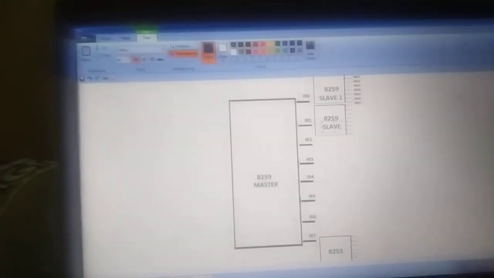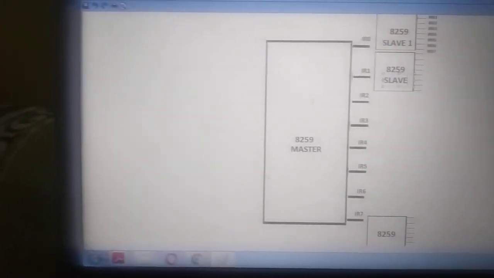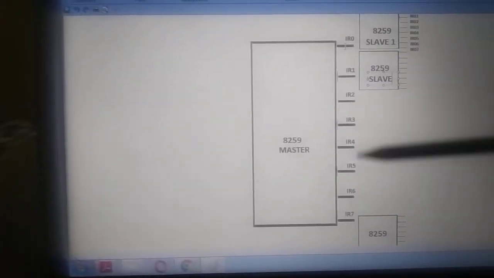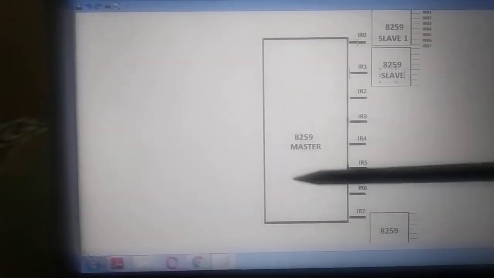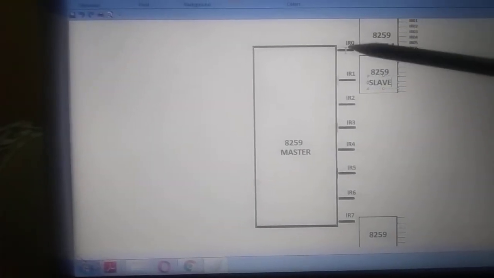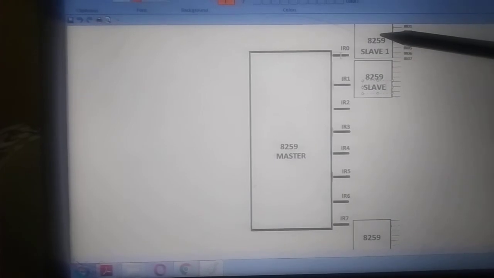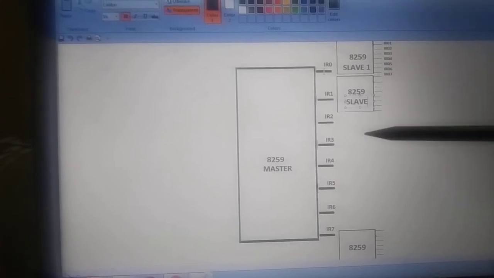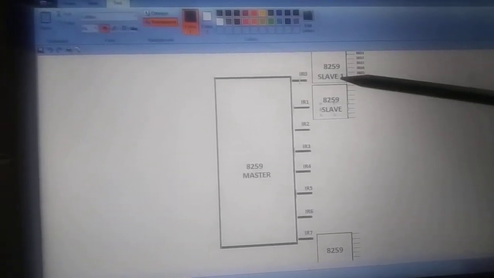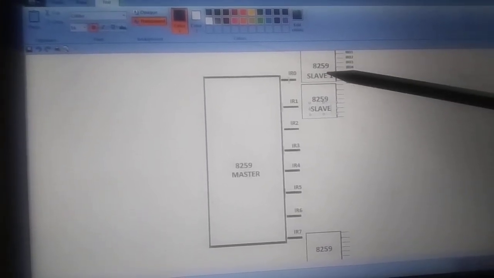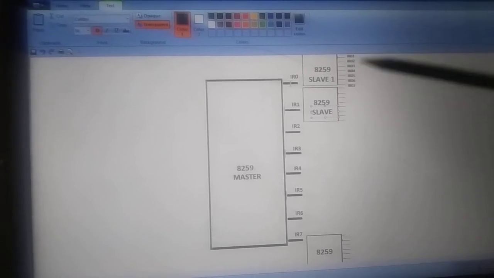I am going to show this diagram. This is our master 8259 IC. This is our main 8259 IC, which can process IR0 to IR7. That means a total of 8 interrupts can be processed using this 8259 IC. Now on every interrupt line we can connect one more 8259 IC. So on these 8 lines we can connect 8 more 8259 ICs, and each slave 8259 IC can process a further 8 interrupt requests.